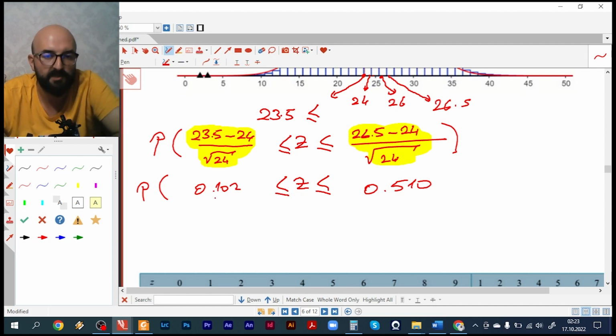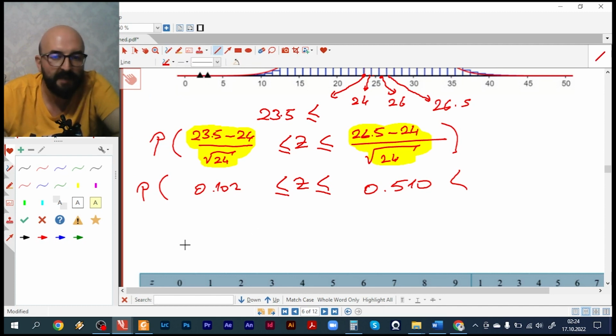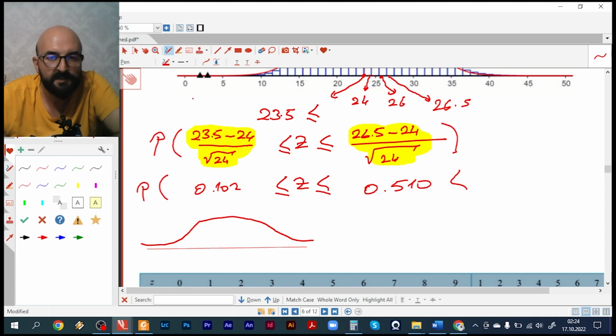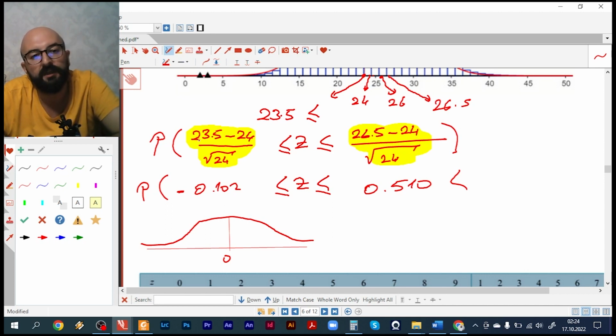Okay, now I want the probability of the z value greater than or equal to 0.102, less than 0.51. And please notice that in the normal distribution curve, 0 is the middle of the curve, and the minus, it means minus this, because when you subtract 23.5 minus 24, it should be negative.